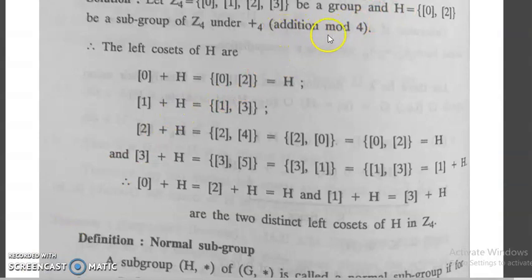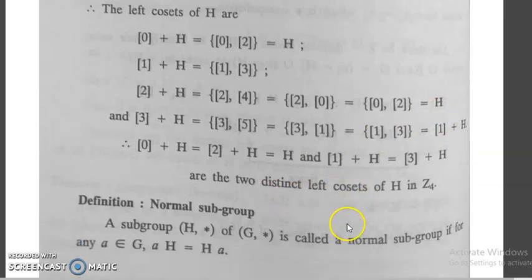So this is {0, 2} and this is {1, 3}. {0, 2} is already H, and {1, 3} is already 1 + H. So these are repetitions. Only 2 distinct left cosets are there.